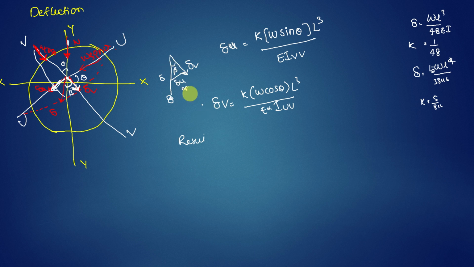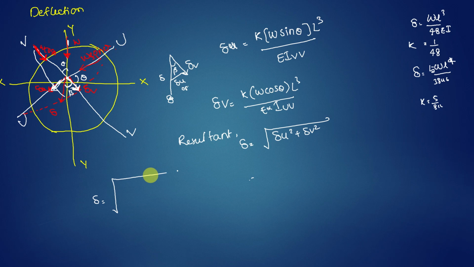When you have this, what will be the resultant delta here? Pythagoras theorem, side square plus side square. The resultant delta will be equal to under root side square, that is delta u square plus delta v square. Let me write it here.